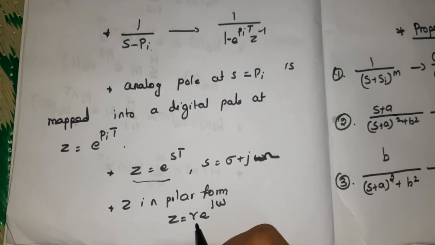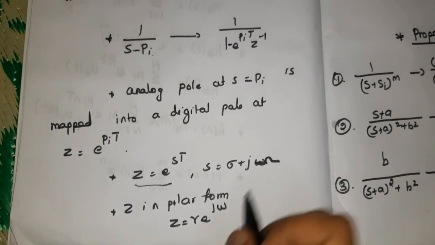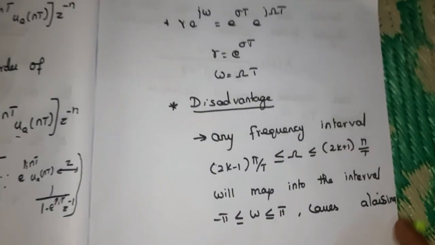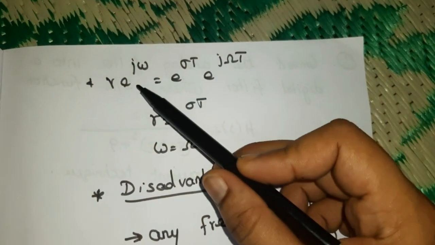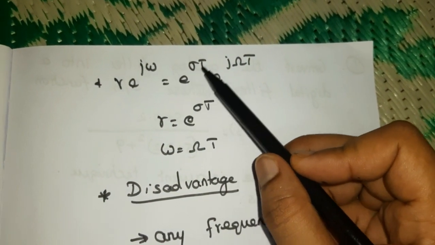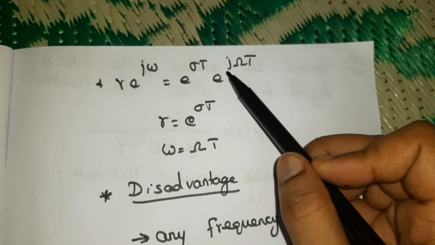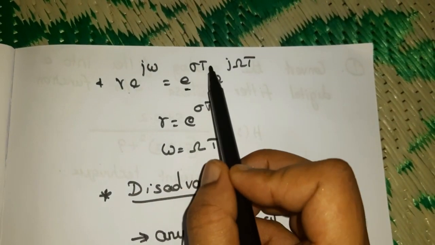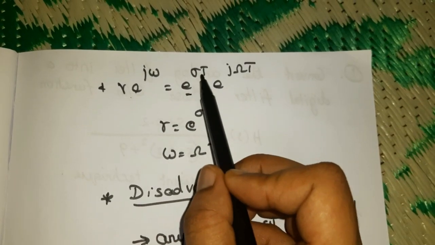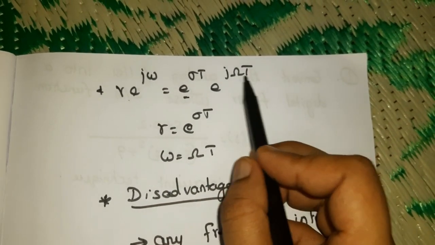Now equating these, we get r into e power j omega, which is equal to e power sigma T into e power j omega T. So now we can equate r is equal to e power sigma T and omega is equal to omega T.